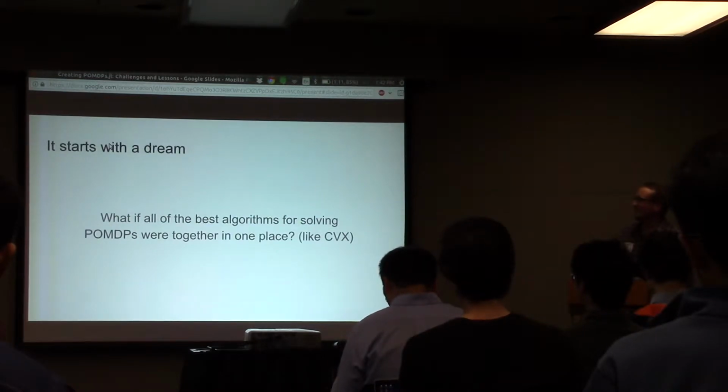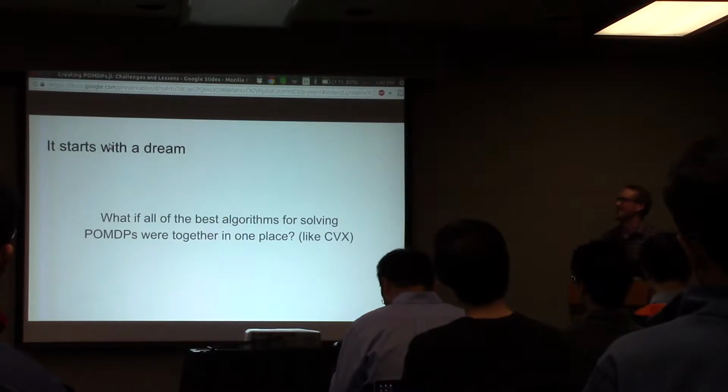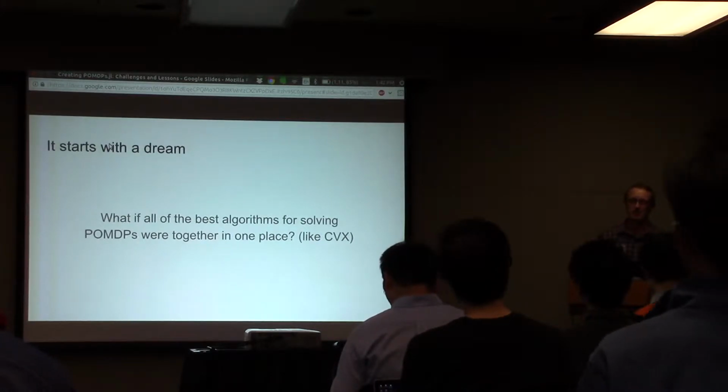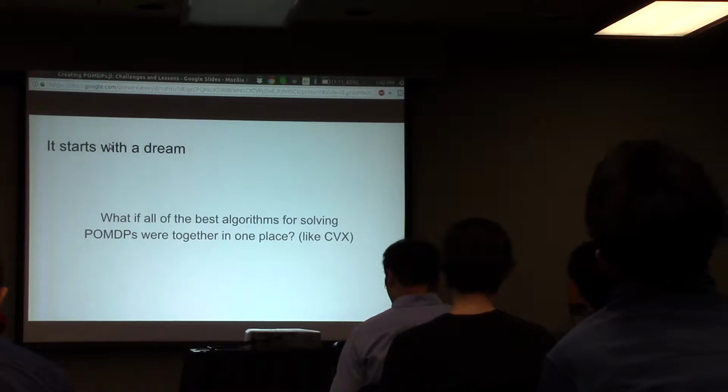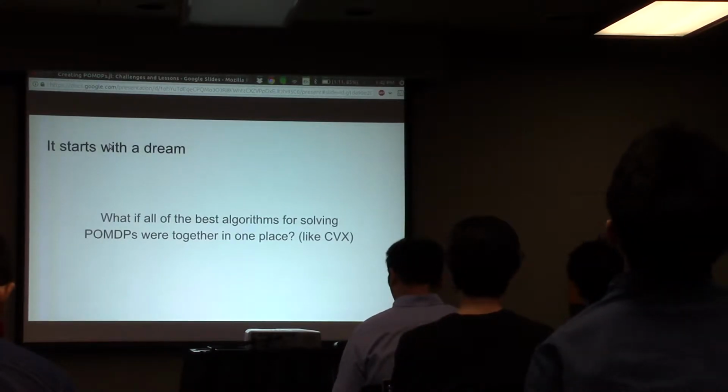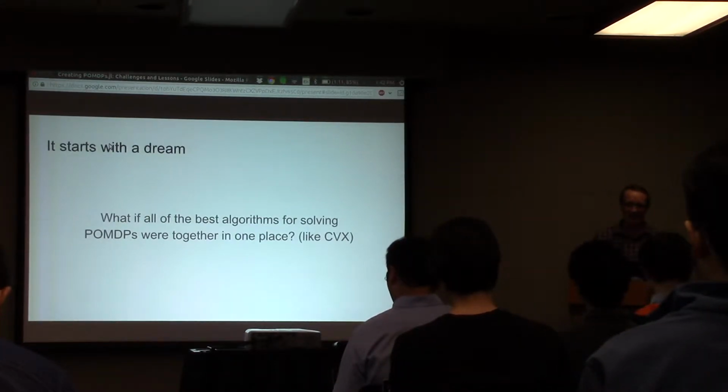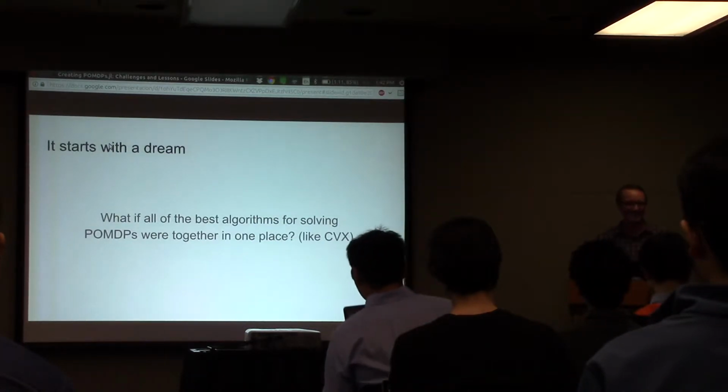So how do these open source software projects start? It starts with a vision or a dream. Some of the tools that we were inspired by are Julia and CVX. At Stanford, there's this great course called Convex Optimization. I think they have a version at Berkeley too. In that course you use this tool called CVX and you're like, yes, this is the answer.